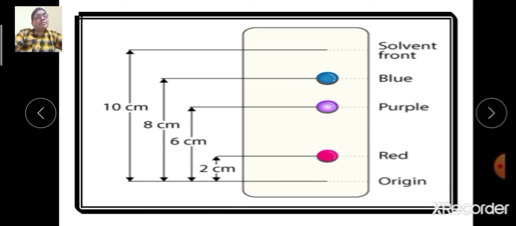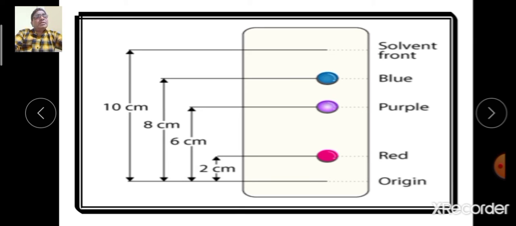When the separated components are colored, the distances are measured from the line of application. The distance traveled by the solute from the line of application is measured for each sample, and finally the distance traveled by the solvent front is measured.